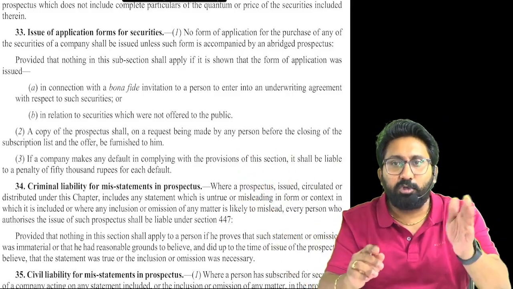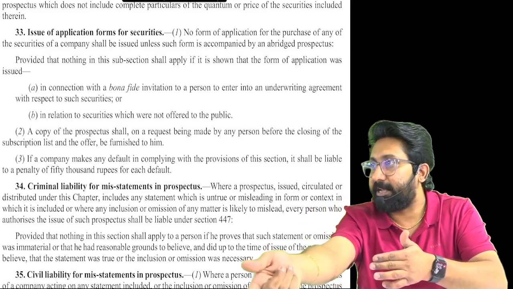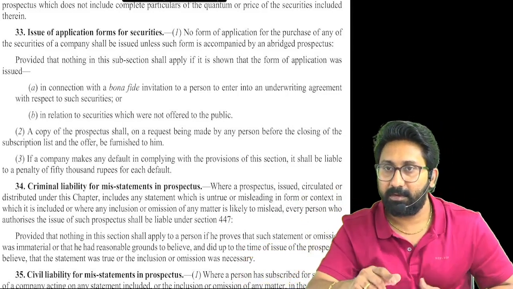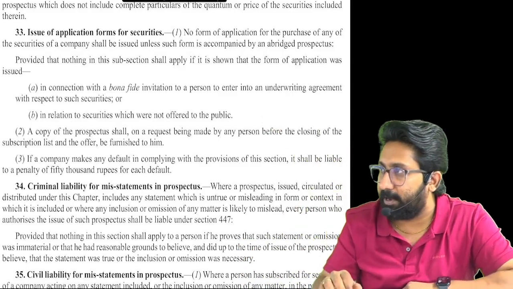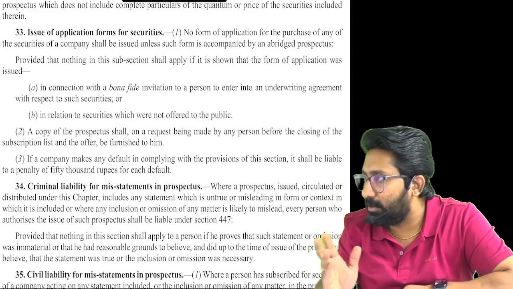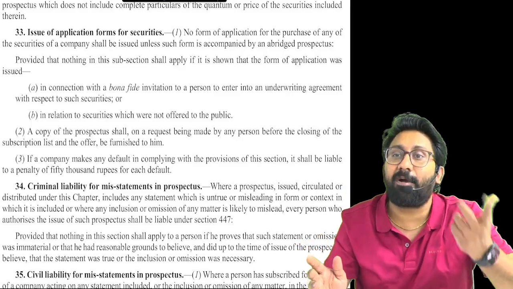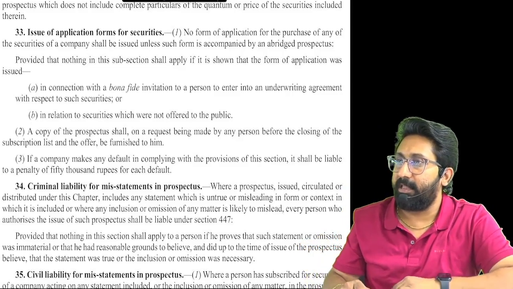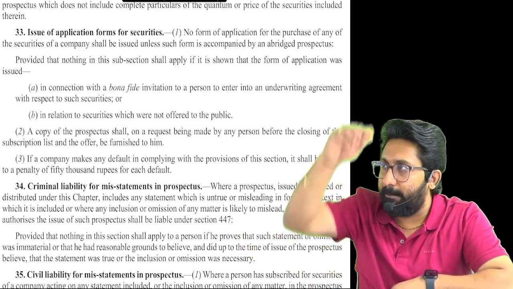They used to read the entire prospectus. If you like the company, fill this application form. They will fill the application form and post it to the company, along with a DD or an account payee cheque. They will pin that, fold it, put it in an envelope, and send it to the company address.